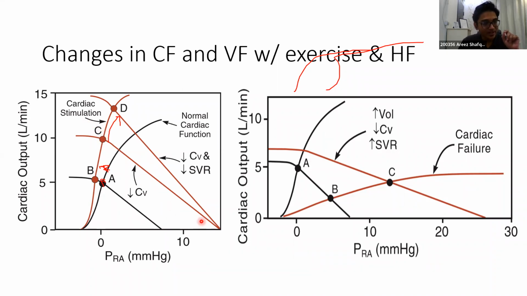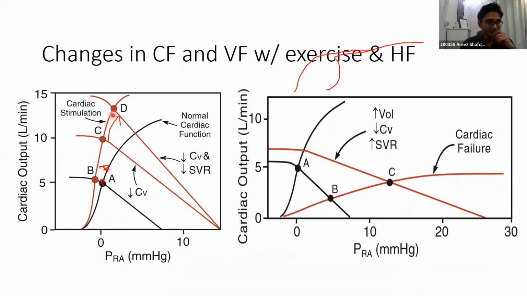So as I'm changing venous return, I'm only moving along the curve. That means I'm always following Frank Starling, because venous return determines preload, right? Yes. So I'm on the same cardiac function curve. The PSF is the same, but the slope increased, which means conductance increased, which means resistance decreased.